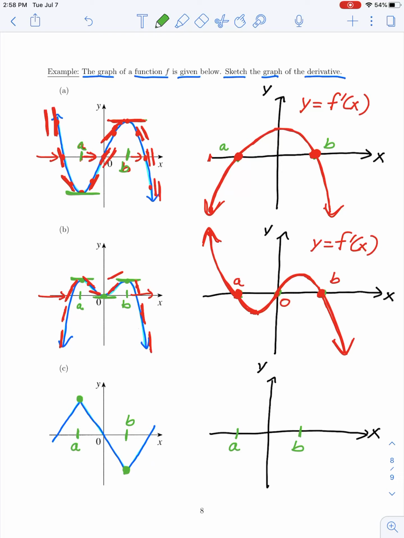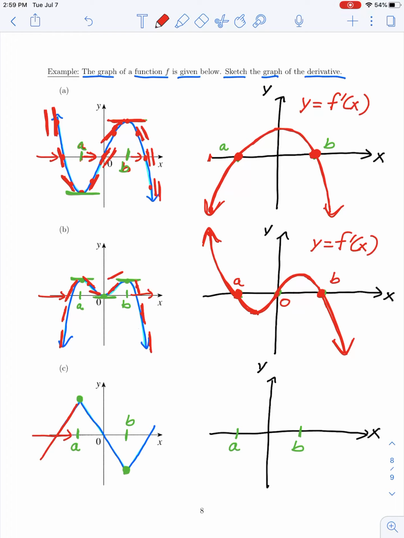Now for values of x that are to the left of a, as I'm moving from left to right towards a, my function is a straight line segment. So the tangent line is exactly equal to the function itself. And we see the slope of that line segment is a positive constant value.